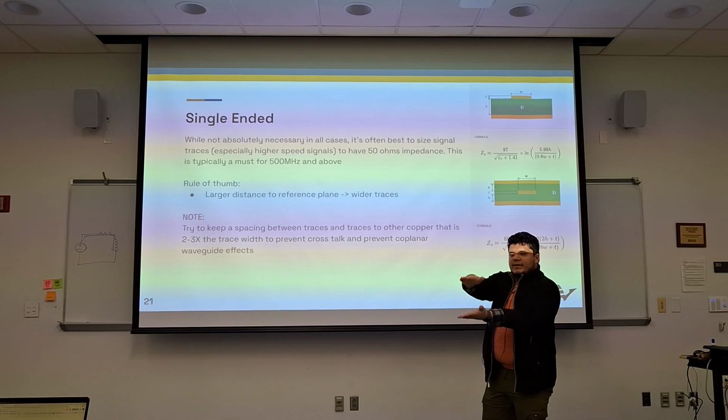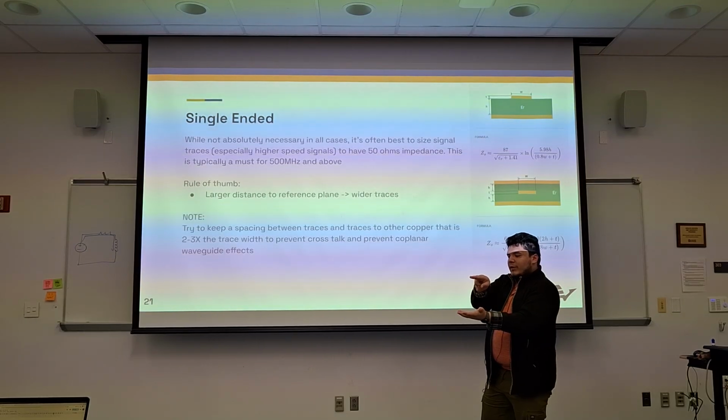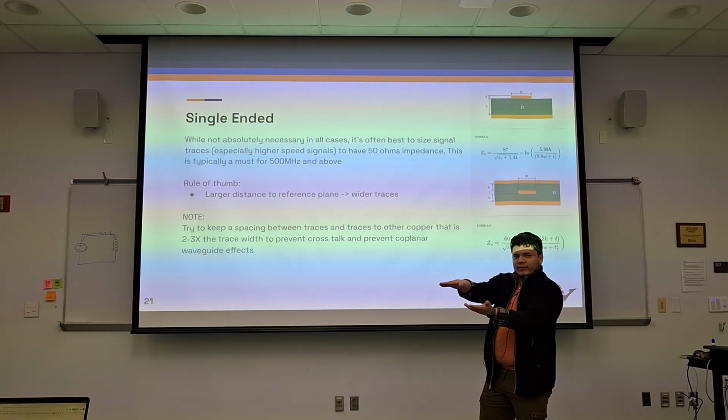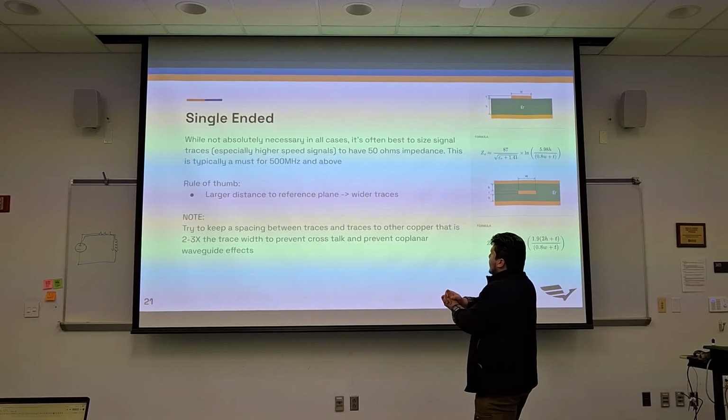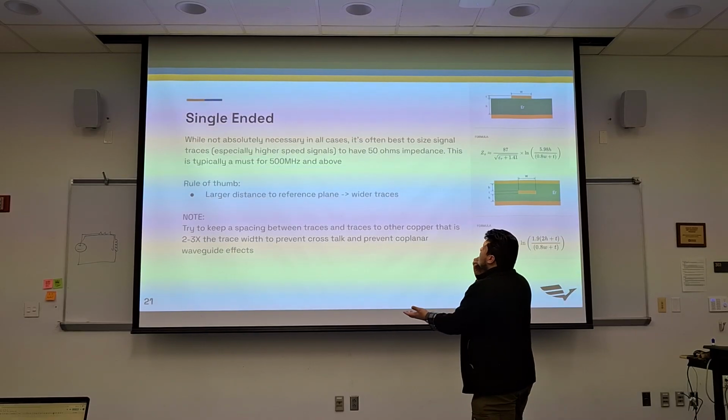The larger the spacing, the wider our trace has to be to match 50 ohms. Basically what that means is the thinner the trace, the higher the impedance. You want to lower the impedance, right? You want to make it as easy as possible for the electrons to flow nicely. And so when you have a larger distance, your traces also need to grow.